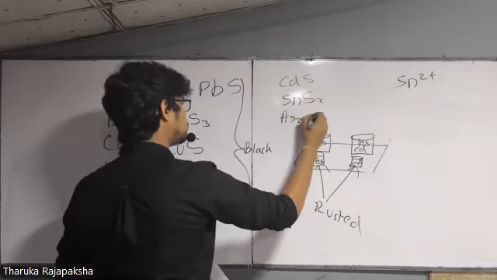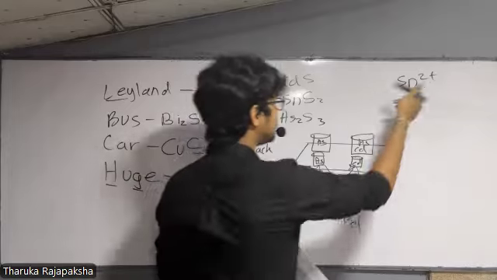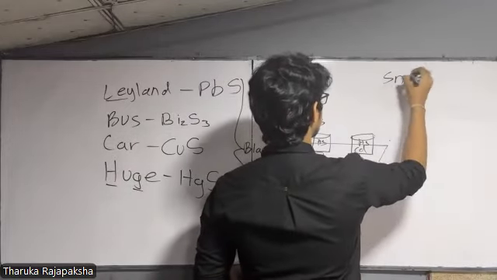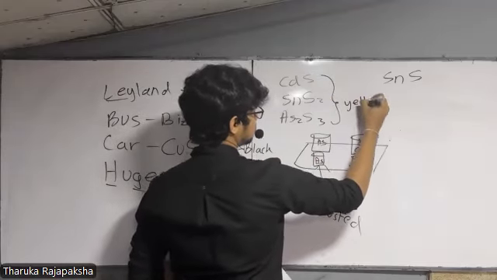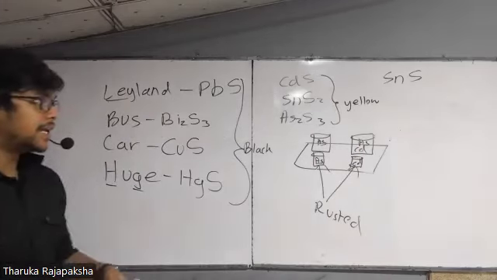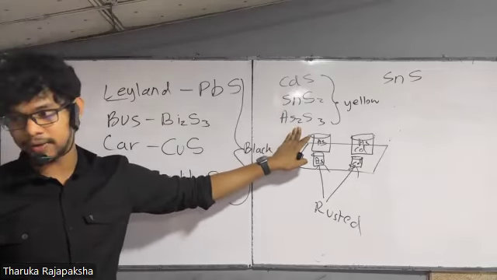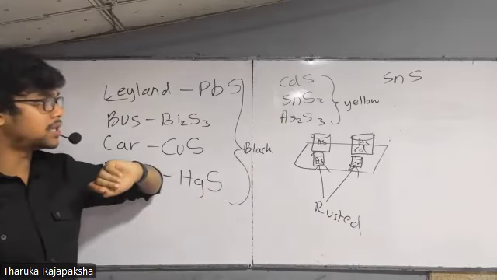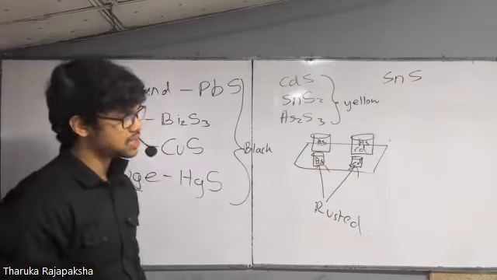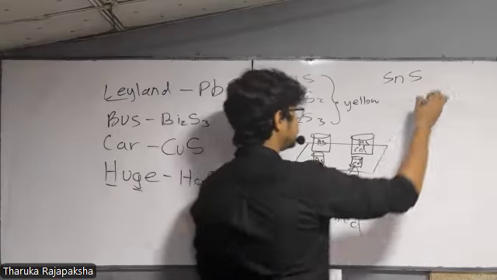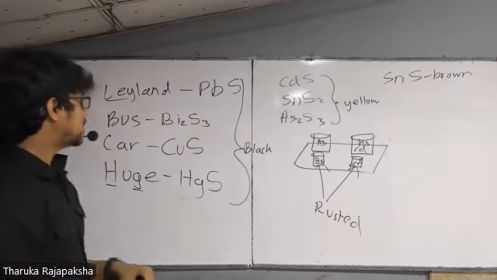As3 plus gives As2S3, just like Bi2S3. Sn2 plus will form SnS. People, all these three are yellow color. Tin sulfide, plus 2 oxidation state, is brown color. I told you 2 tins are rusted, so it's brown in color.